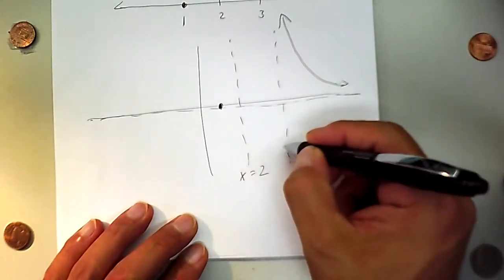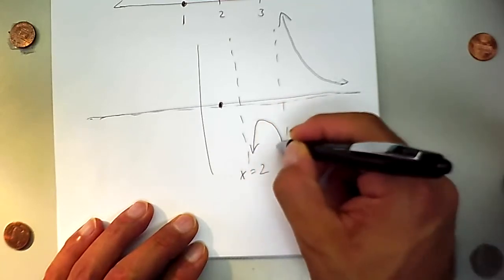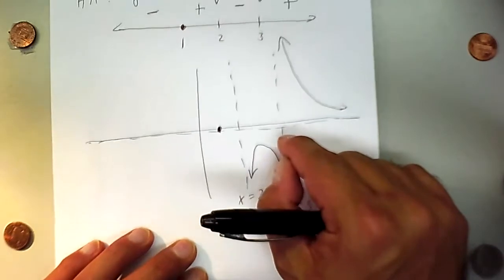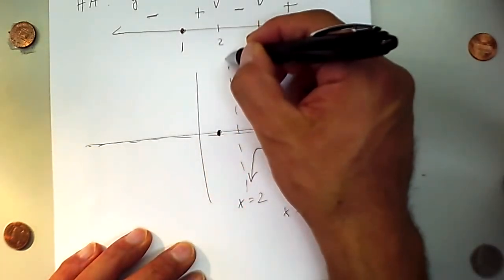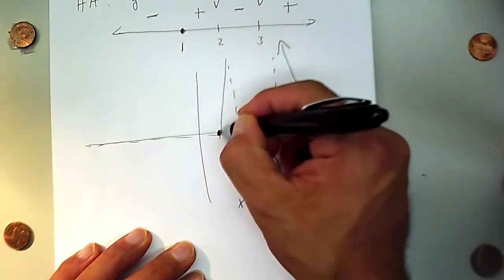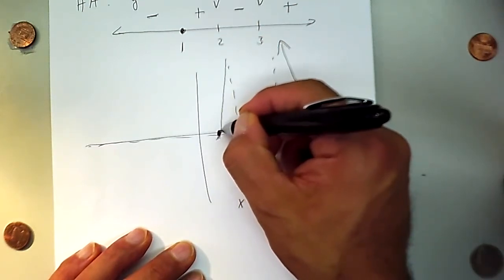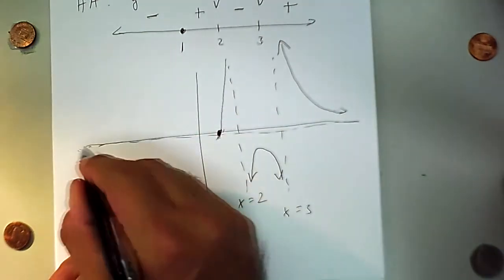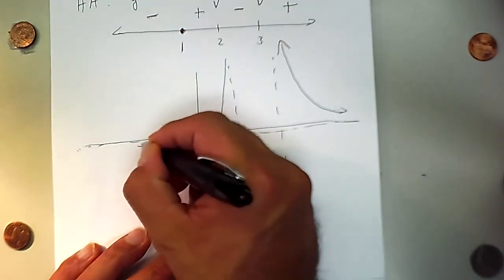The only way to have a negative branch is this way between those two asymptotes. It's kind of like a U upside down. On the left of this asymptote, the function is positive, but then it is zero because we have an x-intercept, and then we have to get close to this horizontal asymptote, so we're going to do this.